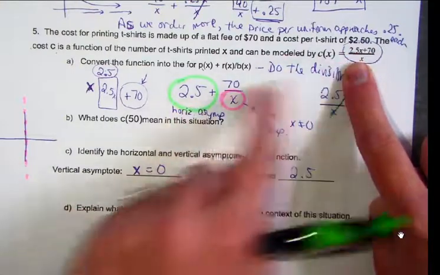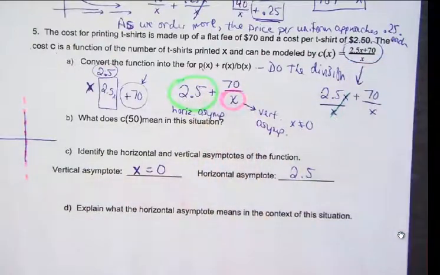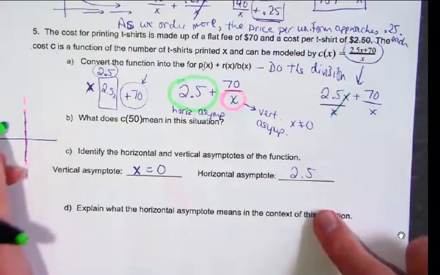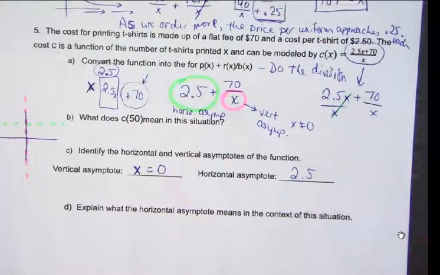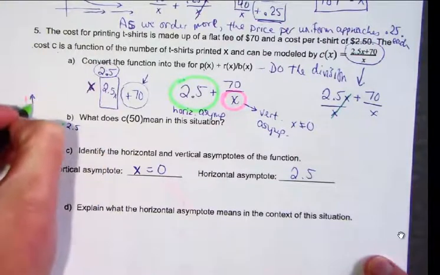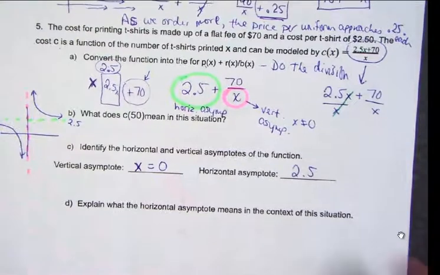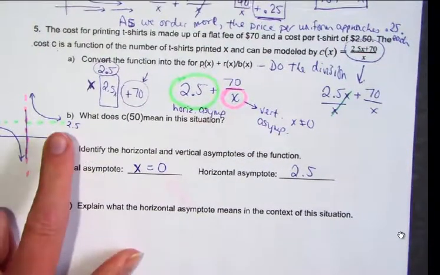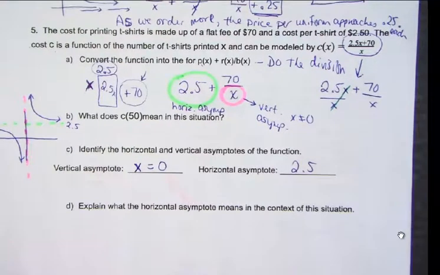So that's why we did this first step here, to think about, hey, how could we rewrite this to split those two parts up? So a horizontal asymptote happening here at 2.5. So our graph is going to look like this.